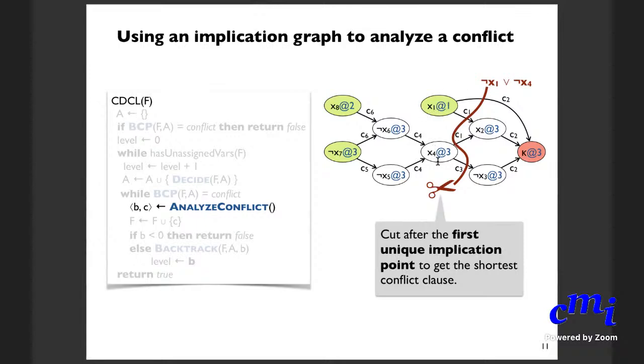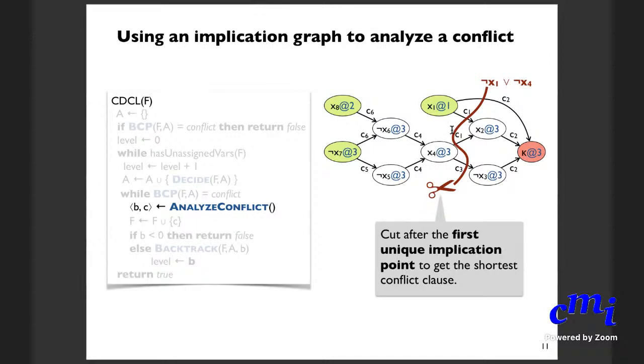All the earlier decisions will stay, and this unique implication point gets automatically asserted. Therefore, you don't need to make further decisions in order to prevent that conflict. So that is an important property.